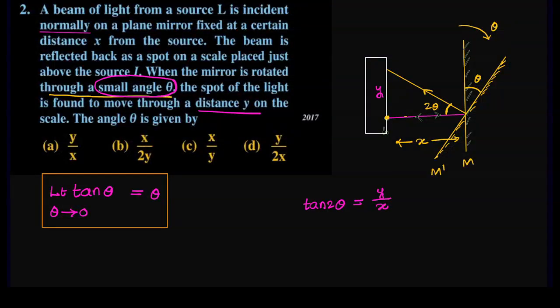So tan 2 theta is simply 2 theta, which is equal to y by x. Now from this, theta equals y by 2x.